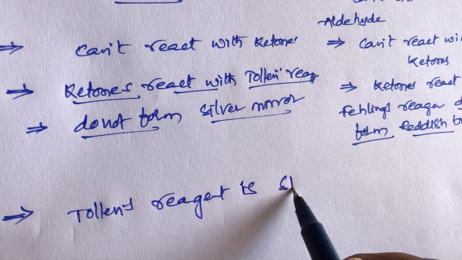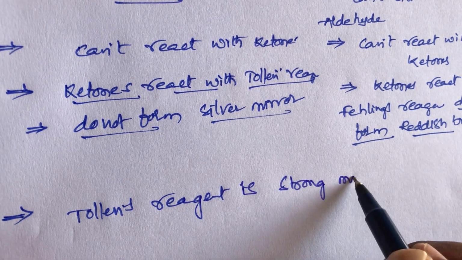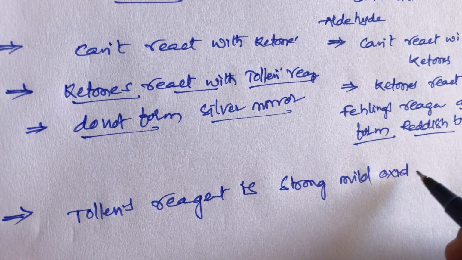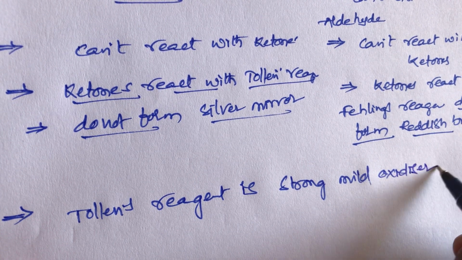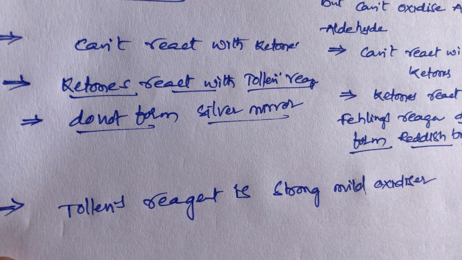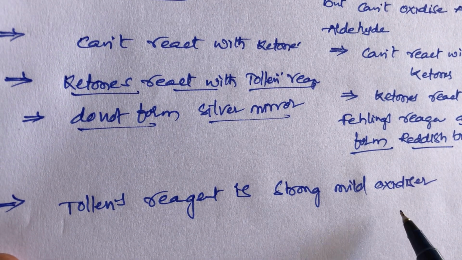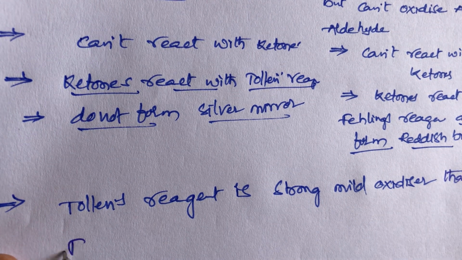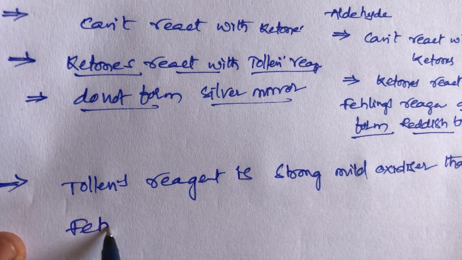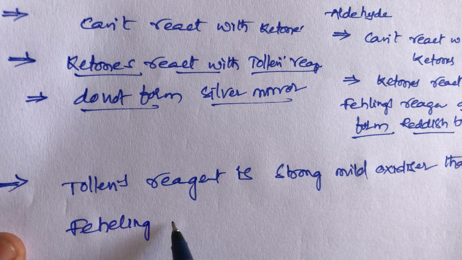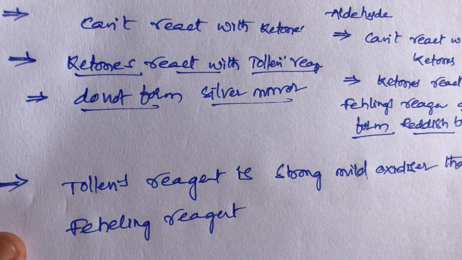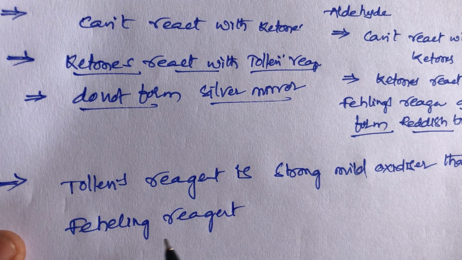Tollens reagent is a stronger mild oxidizer compared to Fehling's reagent.